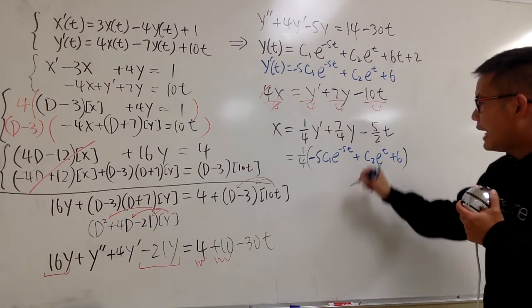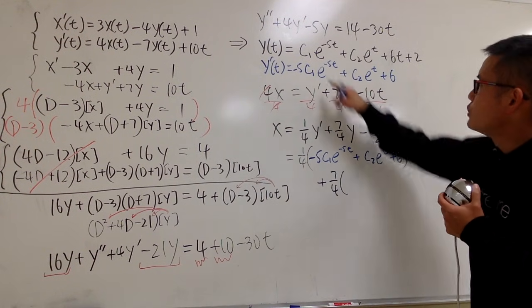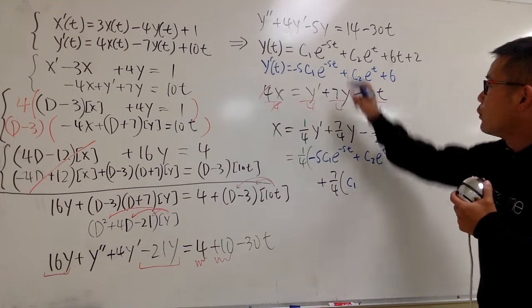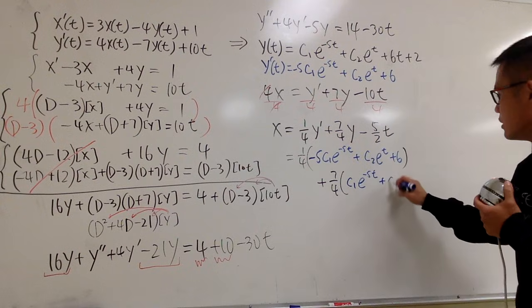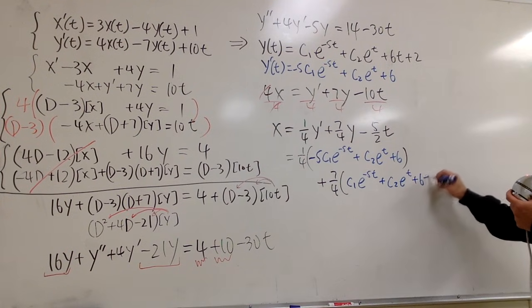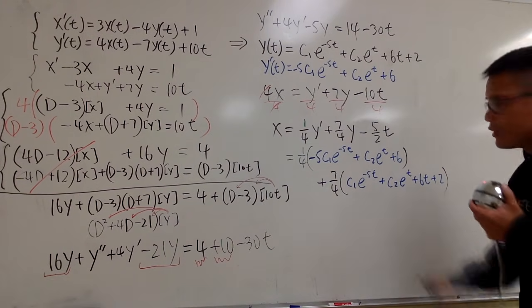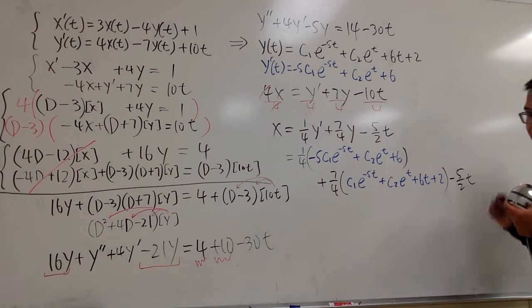And then I will have to add 7 over 4 parentheses y, which is the original here. And this is c1 e to the negative 5t plus c2 e to the t, and then plus 6t, and then plus 2. Okay? At the end, don't forget, this is minus 5 over 2t, like that.